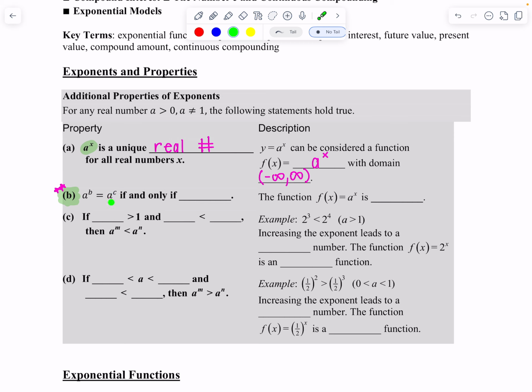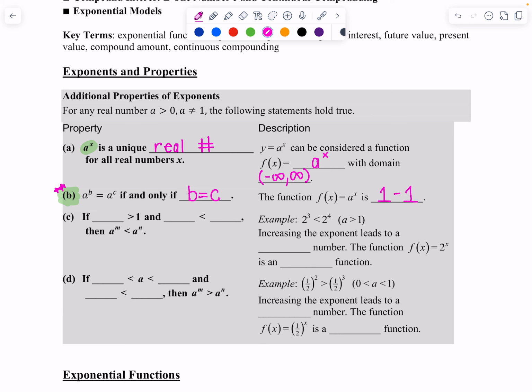Since they are the same base, we can set the exponents equal to each other, so B equals C. It means that f of x equals a raised to the x is a one-to-one function.